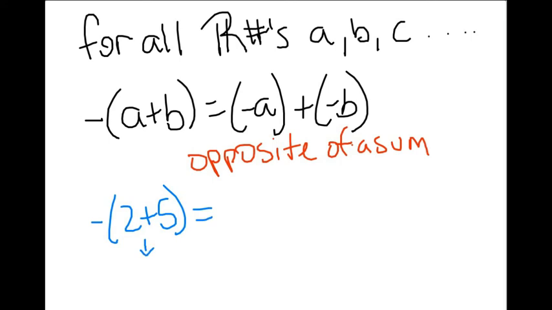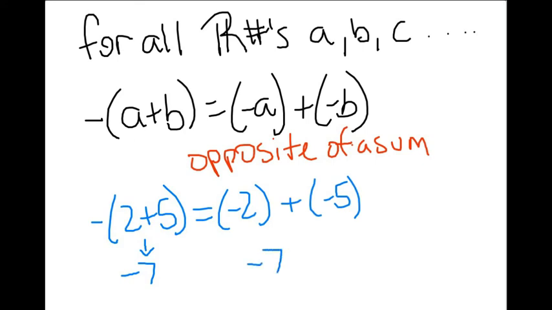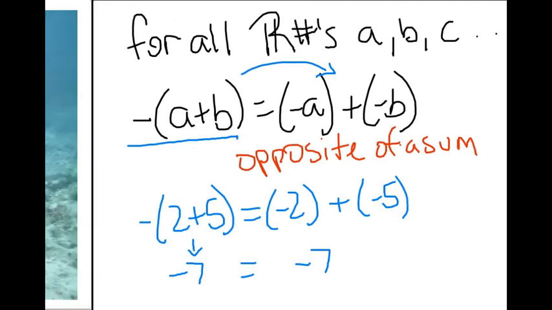So the opposite of 7 is negative 7. But now I want to test our theory. Is that like negative 2 plus negative 5? Well, what's negative 2 plus negative 5? Negative 7. So indeed it does work. So the opposite of a sum says that I can go from taking the negative of a sum and making it the sum of the negatives, or the opposites.